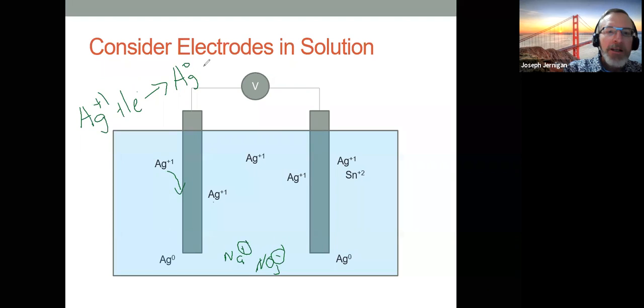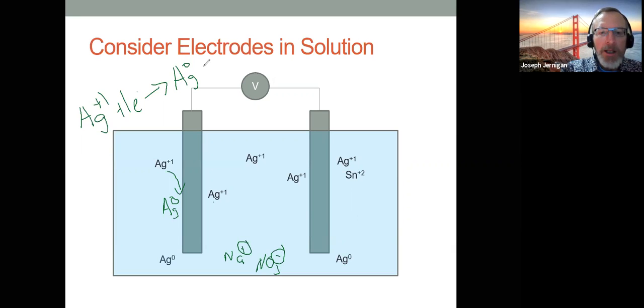That silver ion there can attack, and will, it will diffuse up to the surface of that silver metal electrode, and that silver plus 1 will go to silver 0. And of course, it'll stay there. It'll plate out right on that electrode. Okay.